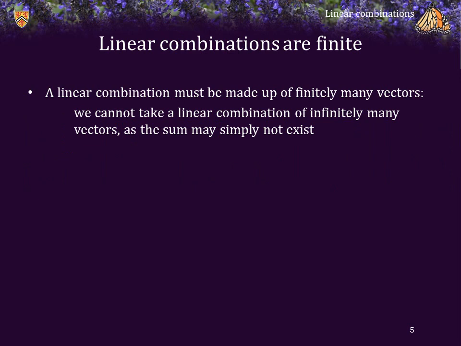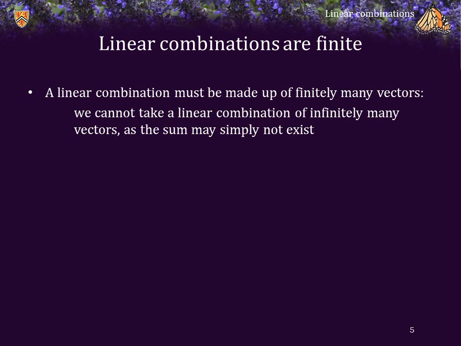Now, one important point is that a linear combination is always made up of finitely many vectors. We cannot take a linear combination of infinitely many vectors, as the sum of such vectors may simply not exist.